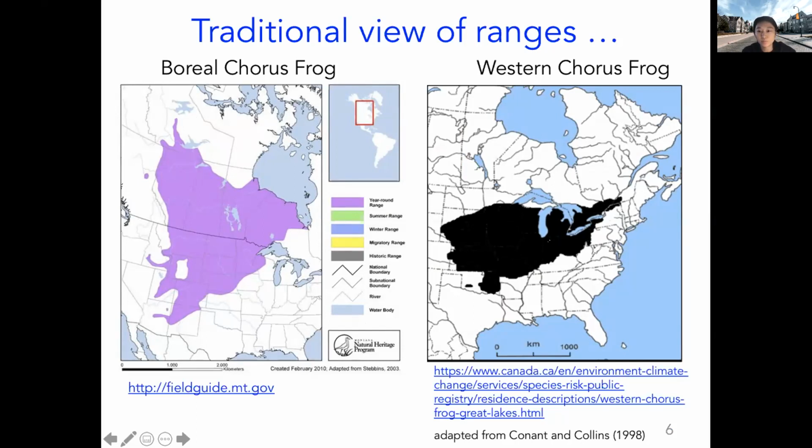And we thought Western chorus frogs mainly occur in Central North America, and extend to Ontario and Quebec. We are currently here in Kingston, Ontario. So the traditional view is that we only have Western chorus frogs in Ontario, and we have Boreal chorus frogs in West Canada.